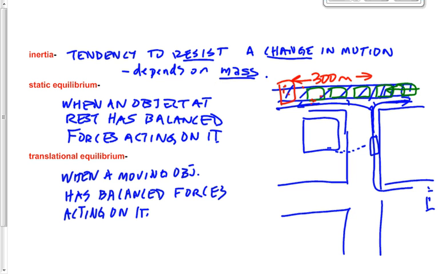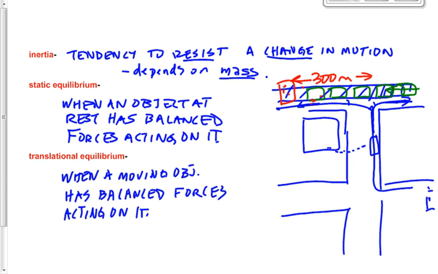A curling rock is sliding down the ice. It's got balanced forces acting. A car traveling down the road at 110 kilometers per hour has balanced forces acting. It doesn't mean there's no forces.